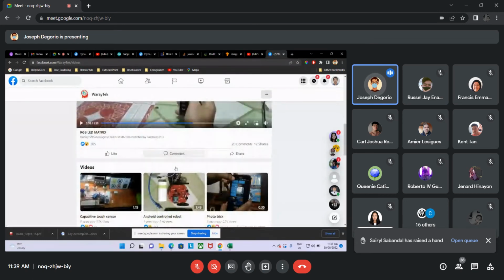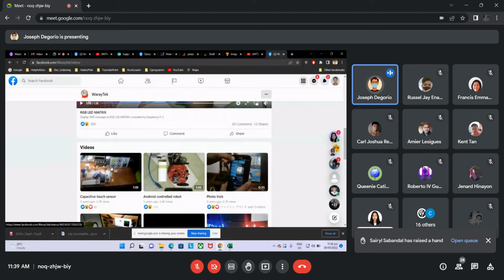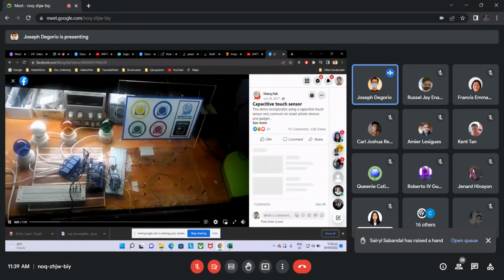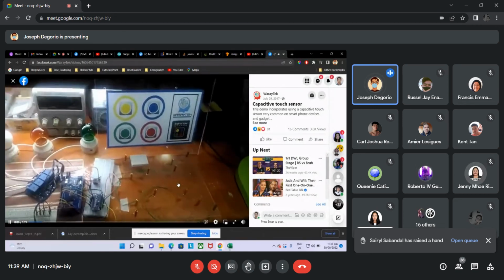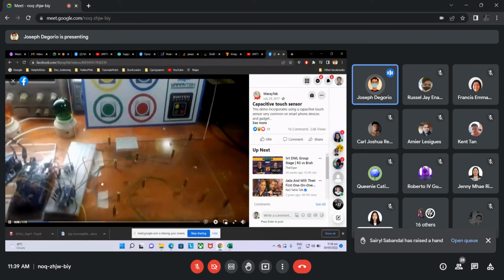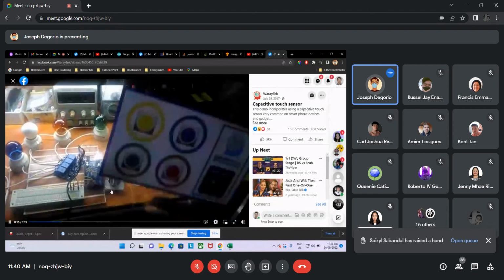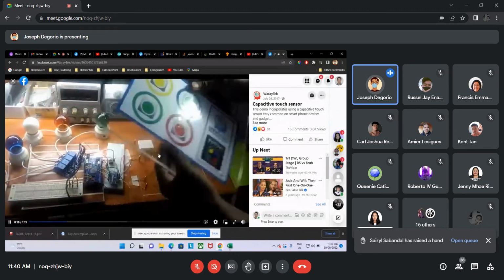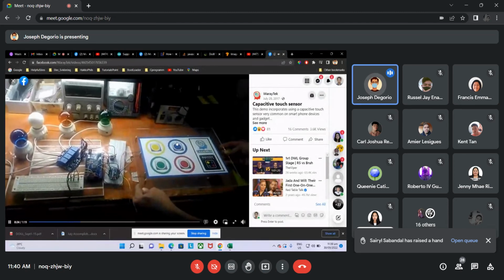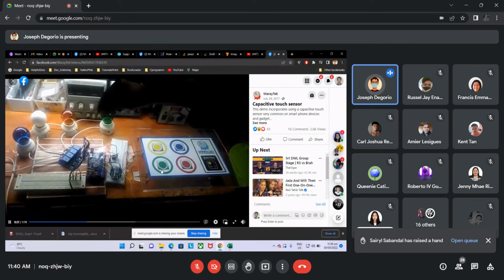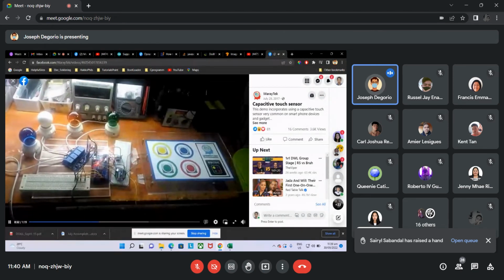I have another, similar IoT device. Can you see this screen? Yes, sir. Okay, so I have this demonstration wherein I'm using Arduino parts and acrylic plastic. I just place stickers as buttons: yellow, blue, green, red. Then I just connect some sensors.